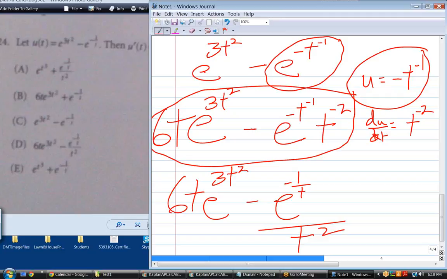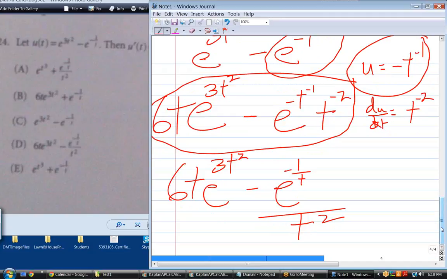Right. And now I don't have any negative exponents, and everything is as simplified as I can get it, pretty much. I mean, I could do a lot of fancy algebra to try to combine that, but obviously they don't do it here.